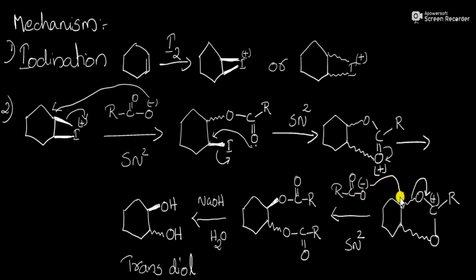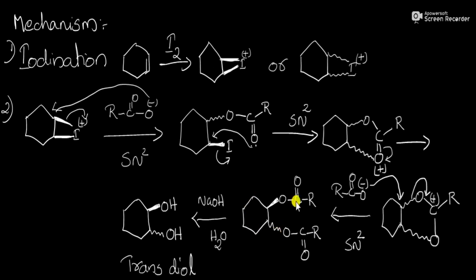It will attack this carbon and this bond will break to this bond. So since it is SN2 attack, this carboxylate anion will attack through upper phase. So we get a product like this. Here OCOR is in upper phase and this OCO are in lower phase.